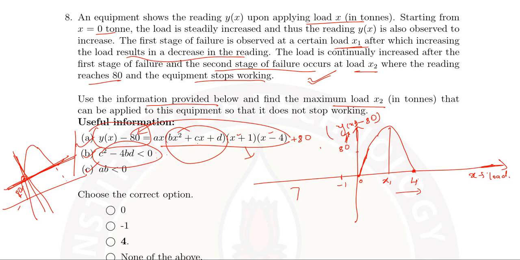From the graph, it is clear that at load 4 tons, the equipment stops working. Therefore, the correct option would be 4. Let's move ahead with the next question.